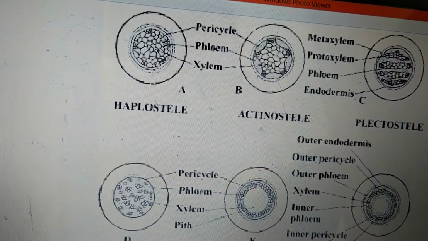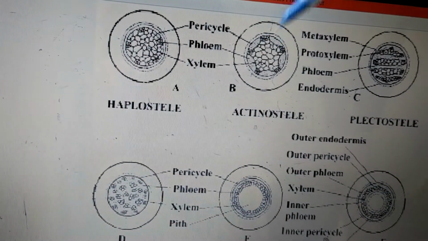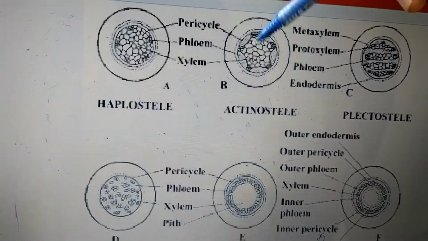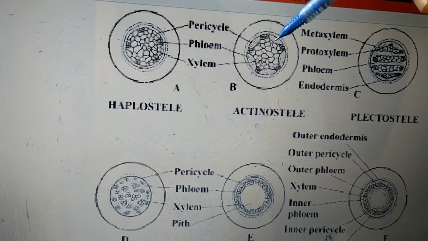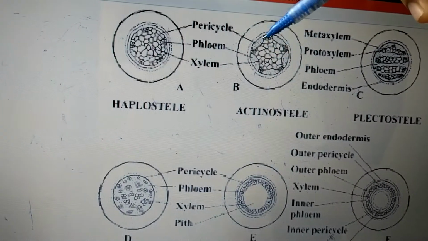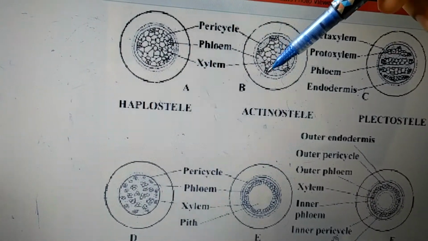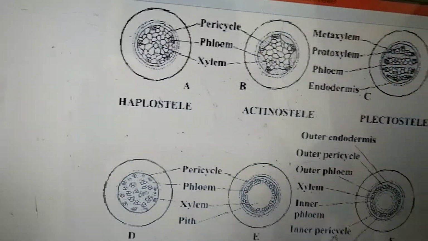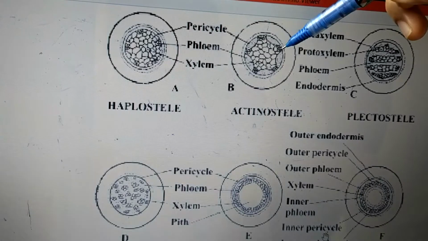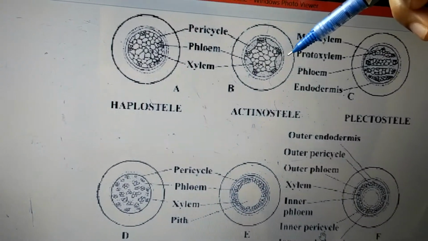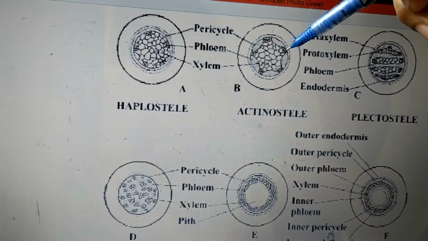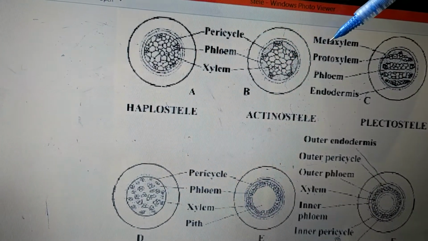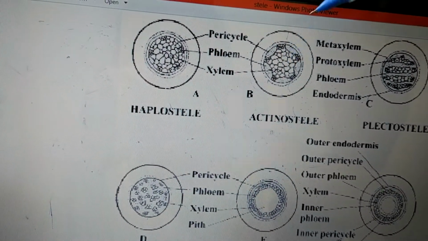Now coming to actinostele. In very simple terms, this is the central xylem. This xylem appears like a star, or it has radiating arms. At the tips of the radiating arms we can see protoxylem. Two types of xylem will be there, proto as well as meta. At the tips of the radiating arms we have protoxylem, whereas in the center we have metaxylem.